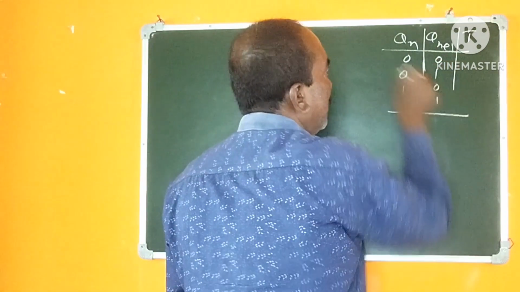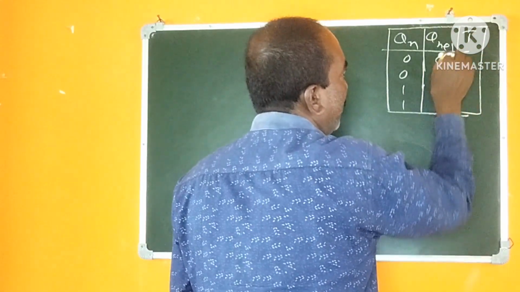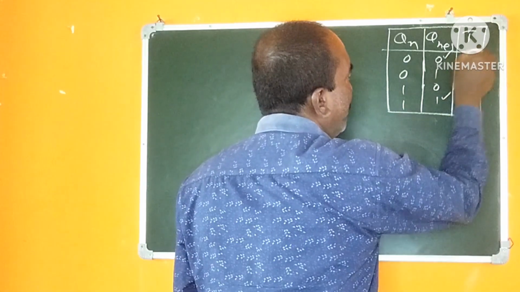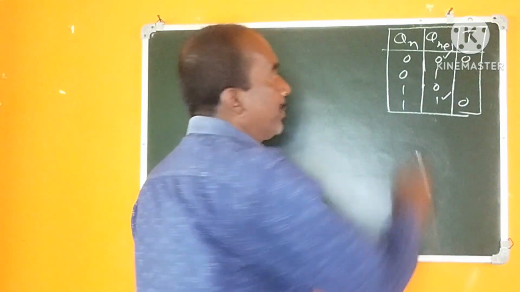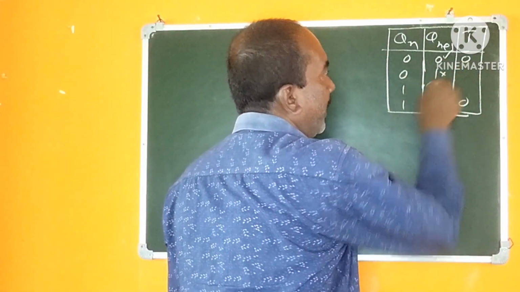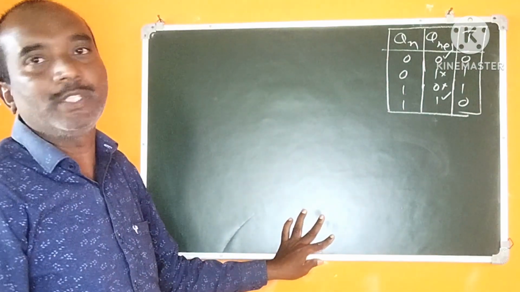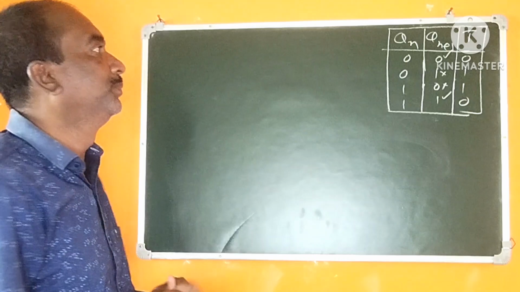In the case of a T flip-flop, if the present and next states are the same, the input to the flip-flop is 0. If the present state and next state are different, then the input to the T flip-flop is 1. So this is the state table of the T flip-flop.